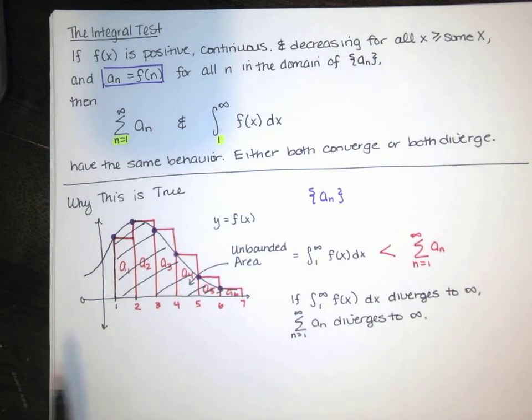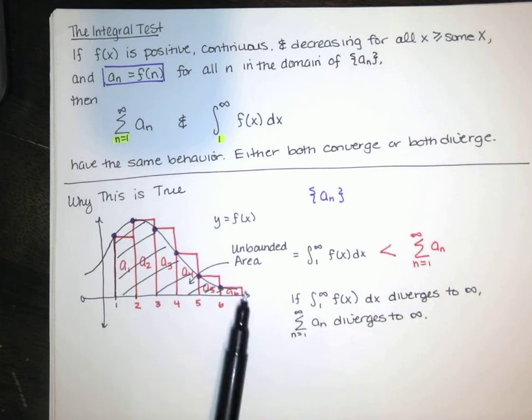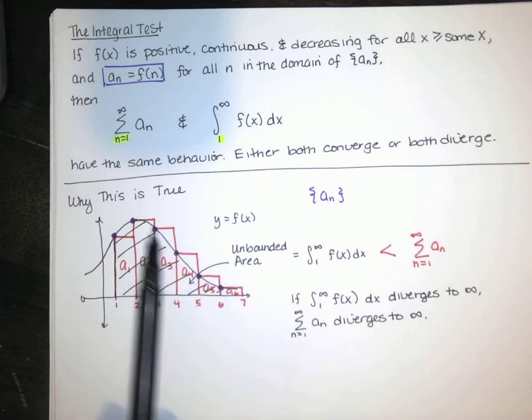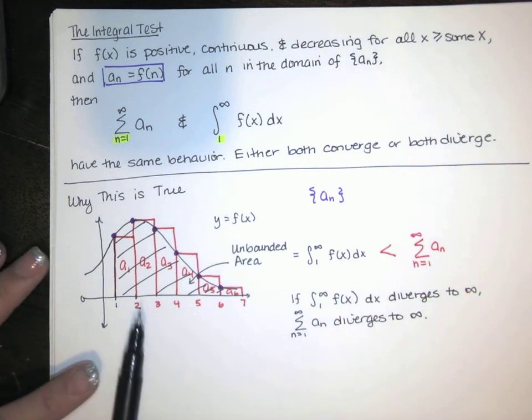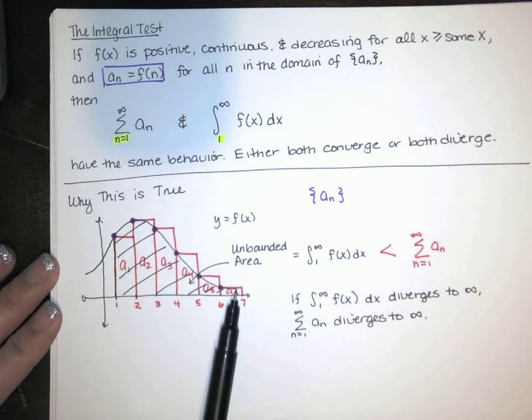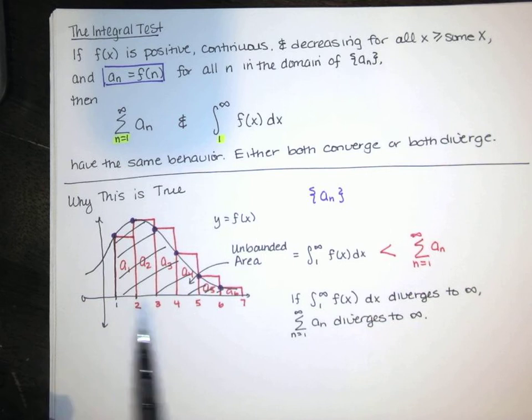And that's true because of the relationship between the area of these rectangles and the area under the curve of f of x. Now you can prove this a little bit more rigorously using partial sums, as is done in the textbook, but this is the gist of the argument in the book in that proof. They're just comparing the area of these rectangles to the area under the curve.